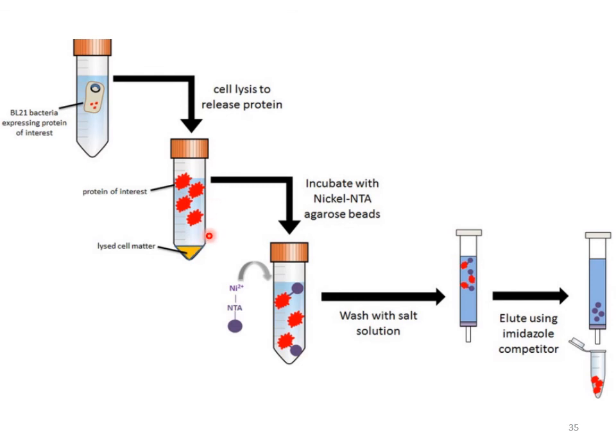So the lysate is centrifuged to remove the debris, and hence it is added to the nickel containing column. The protein of interest will be bound to the nickel stationary phase, and then it is washed to remove the unbound proteins, and later the required protein could be eluted from the column by using imidazole.